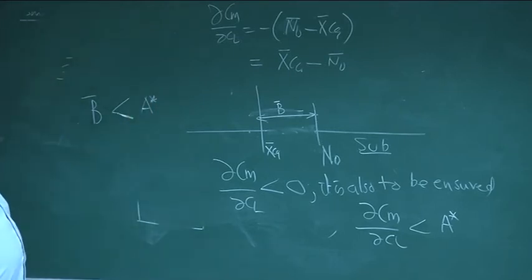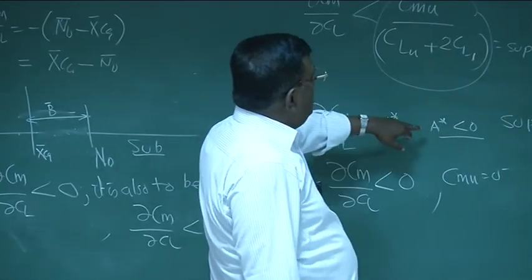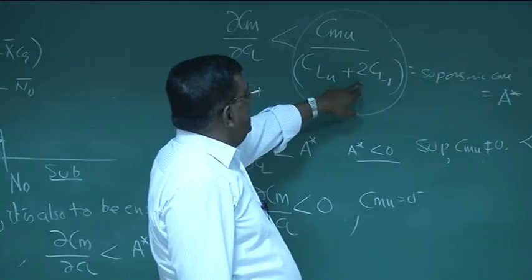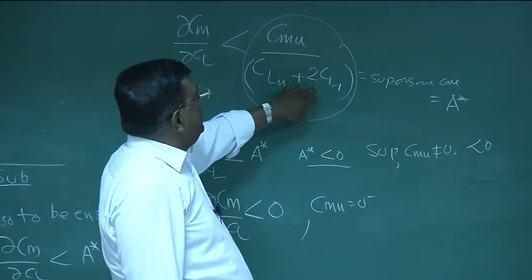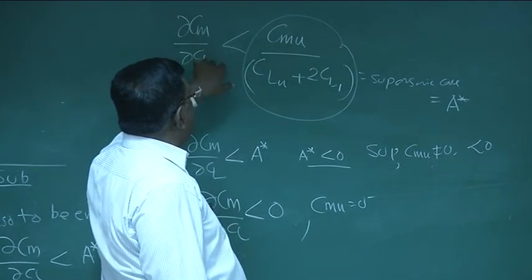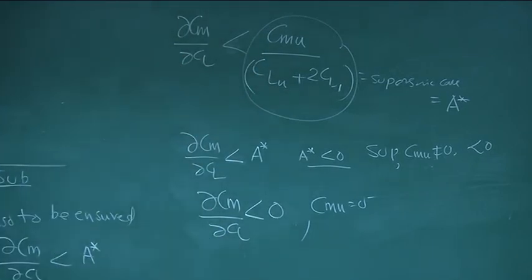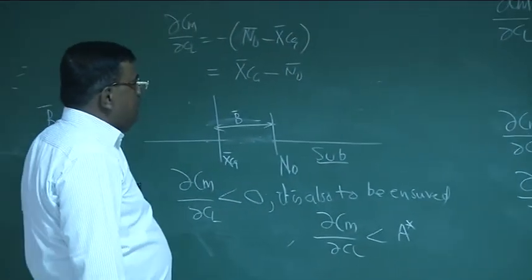Is this part clear? dCm/dCl should be less than A star. Please note that A star is negative. This is positive, and this you can even neglect, very small. This is positive, this is negative, so this value is less than 0. This is fine.